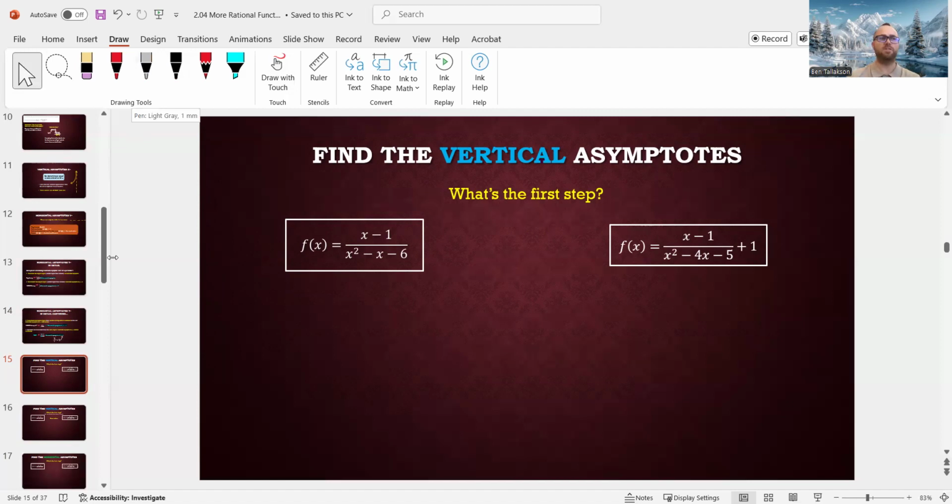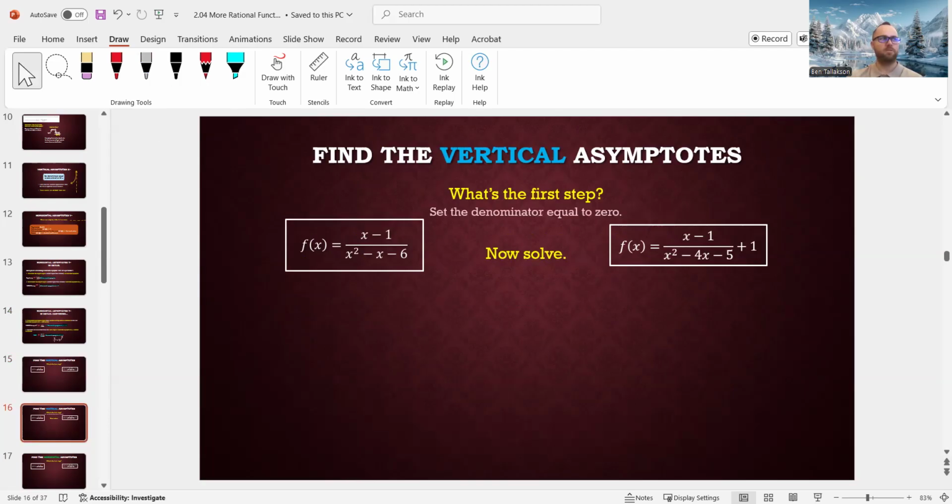So what's the first step when finding vertical asymptotes? That's a great question in every math problem. What's the first step? Where do we start? We set the denominator equal to 0, right? That's what we need to do first.